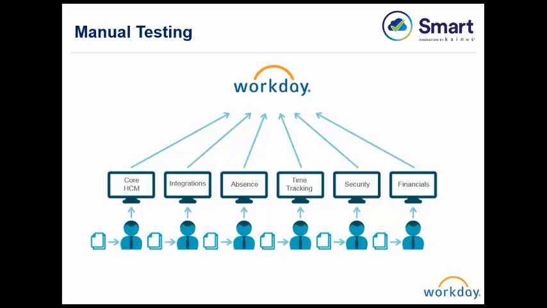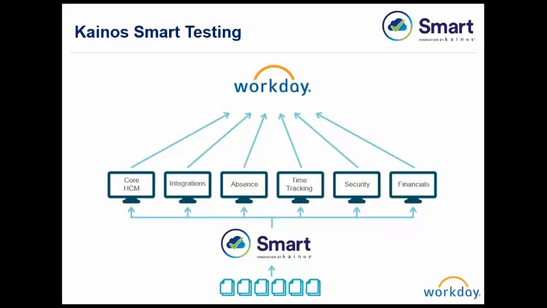And really, you can only perform one test at a time for each tester. With Kainos Smart, the view is very similar. The only difference being is that Smart will do the leg work for you. So you're able to run those concurrent tests across the different core areas within your Workday implementation and really get the coverage that you want.